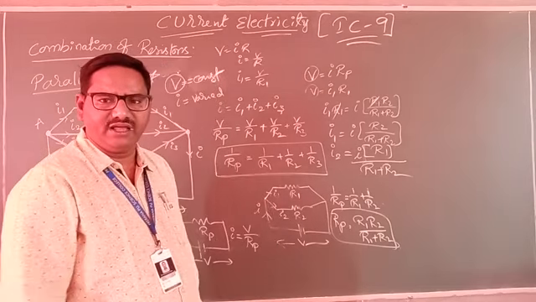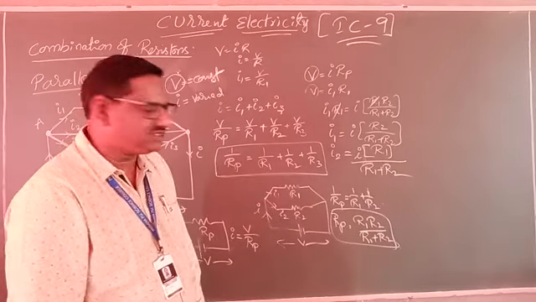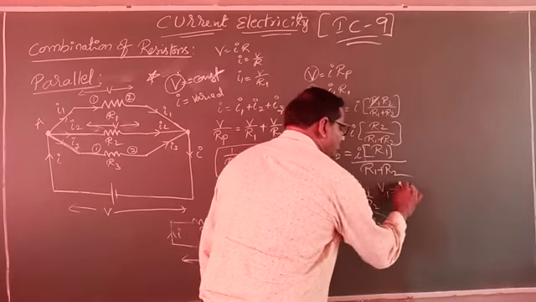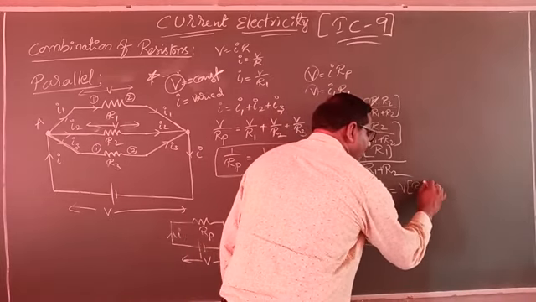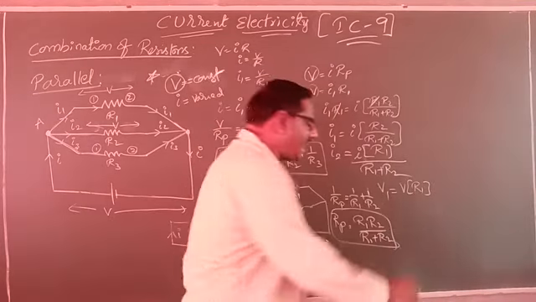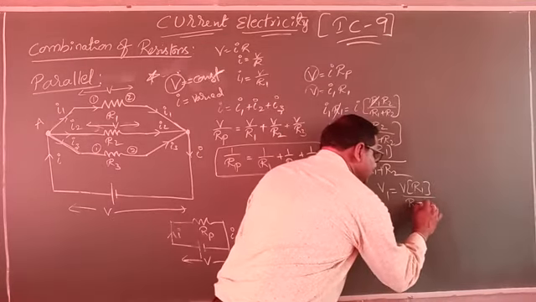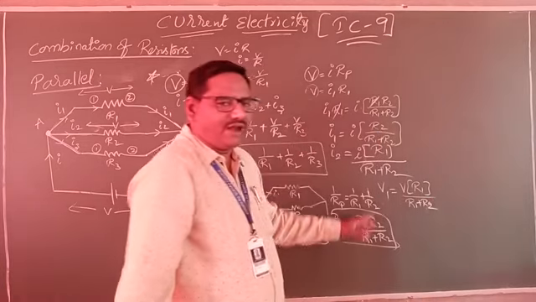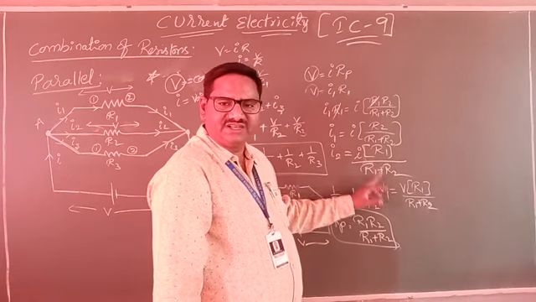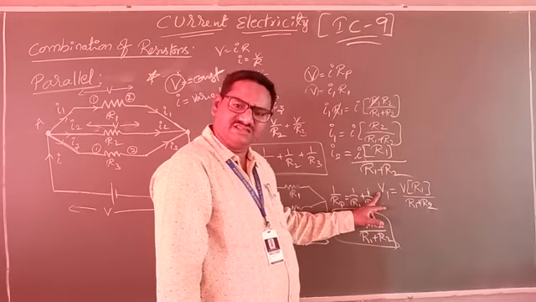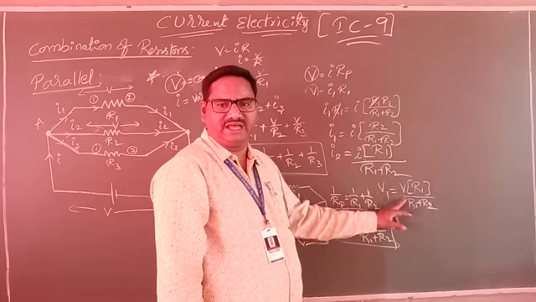In potentials, what you wrote in series, that is what I am discussing here. Potential V1 equals the total potential into the resistor whose potential you want, divided by the total resistance. Say yes or no? Do you identify the differences between these two formulas? Here potential varies in a series combination, so you measure like this.